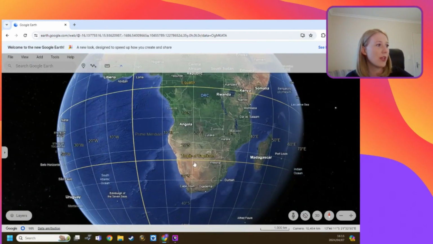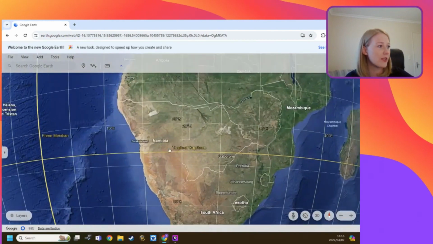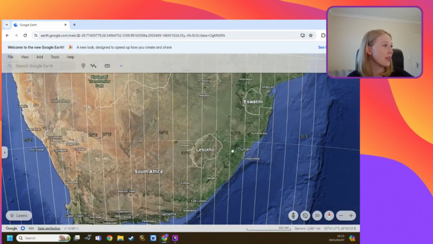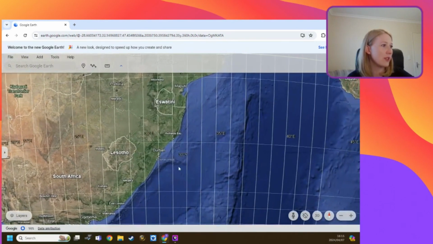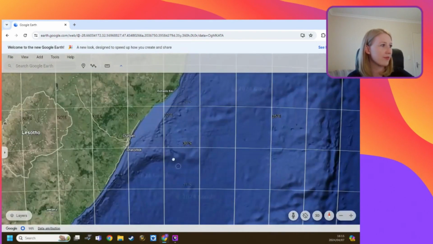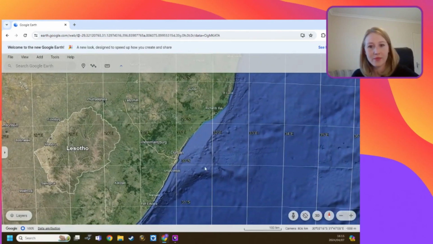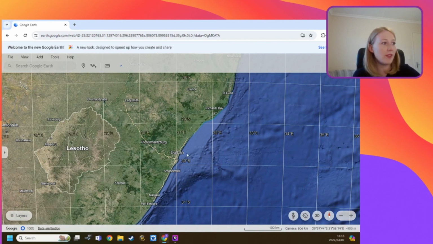In the last video, we were looking at just understanding the degrees. Let's go to South Africa, let's say, Durban. And now you can hopefully see that each one of these lines indicates a 1 degree interval. That is what we were looking at last time.